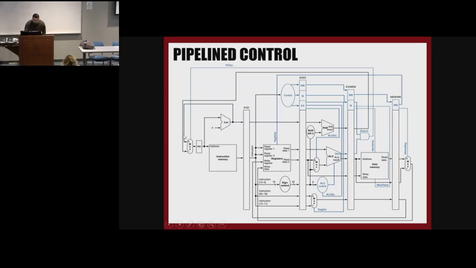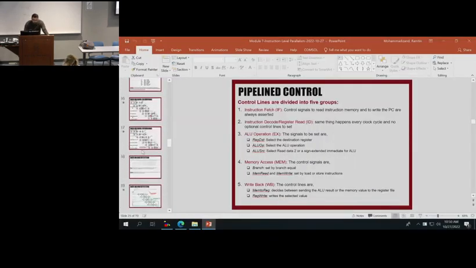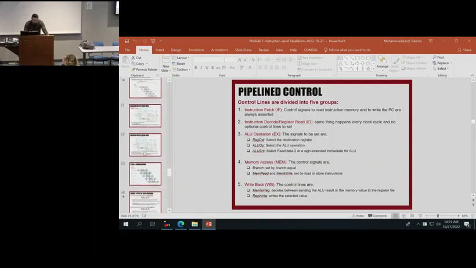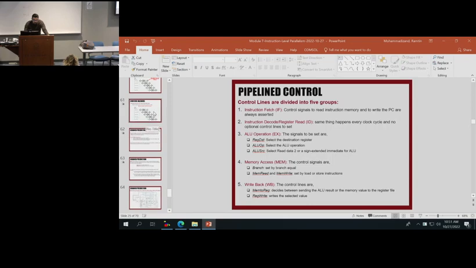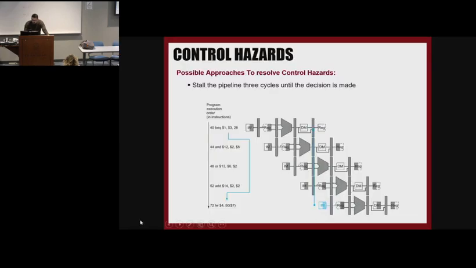Now let's go back to where we were, which is here. If we know where we should go at the memory stage, this means that this is where we figure out the next PC.